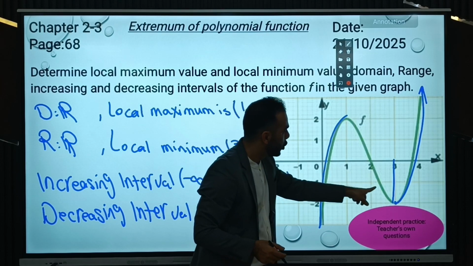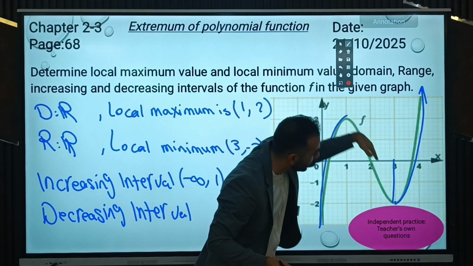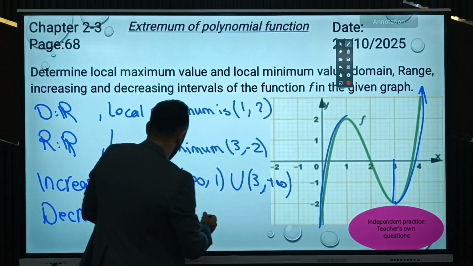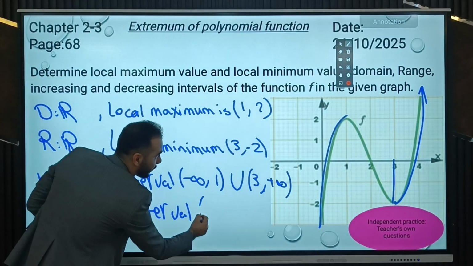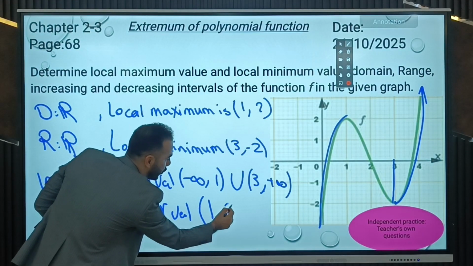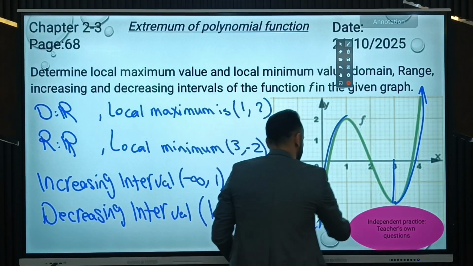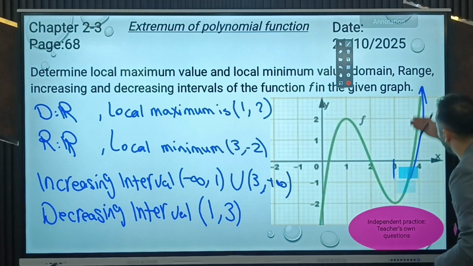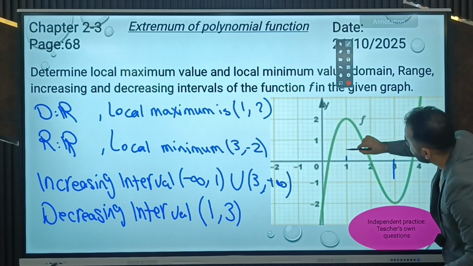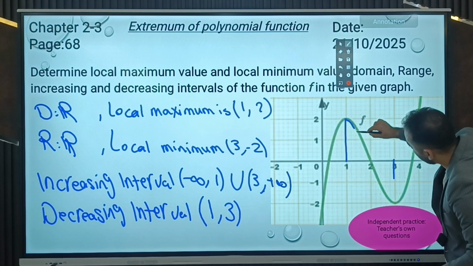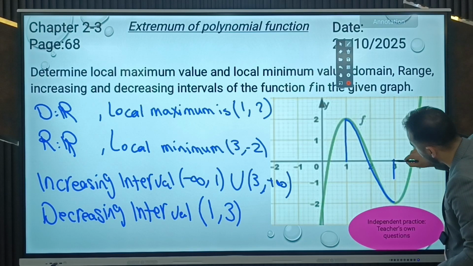So the decreasing interval would be from 1 to 3. As you can see here, if we move from left to right, from this point, which is 1, the graph would be decreasing until 3. That's why the decreasing interval is from 1 to 3.